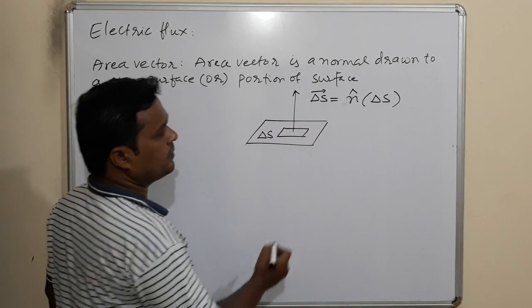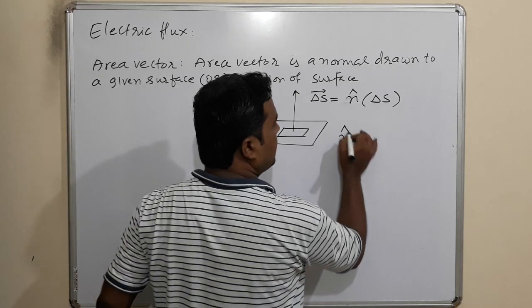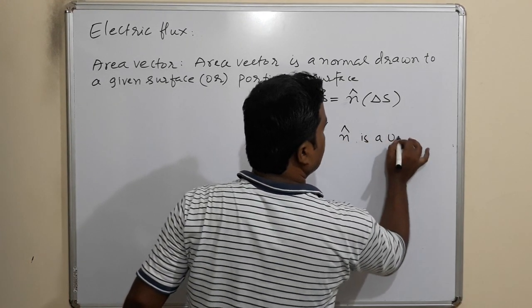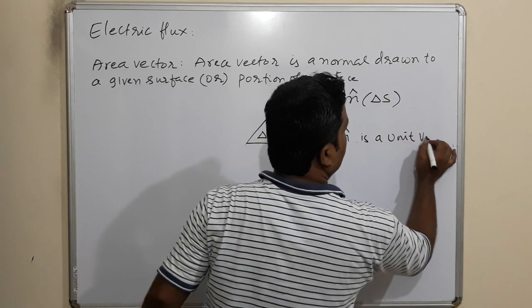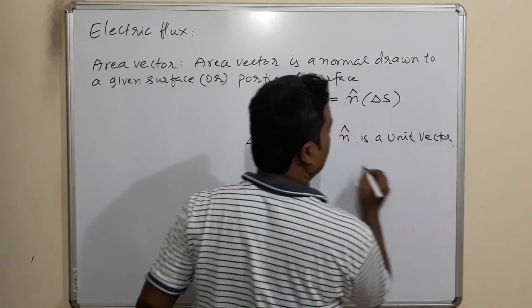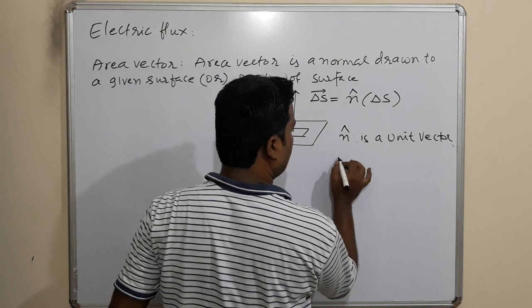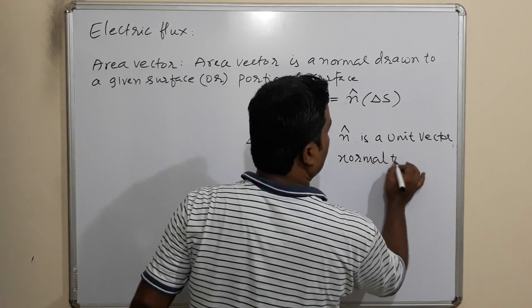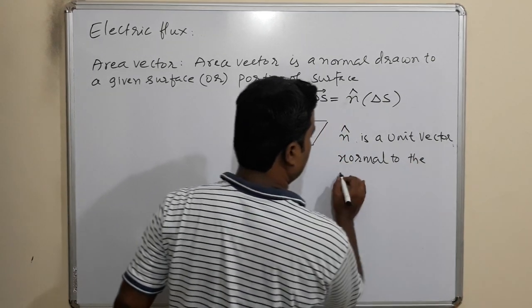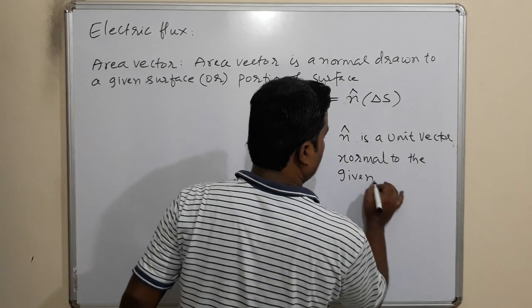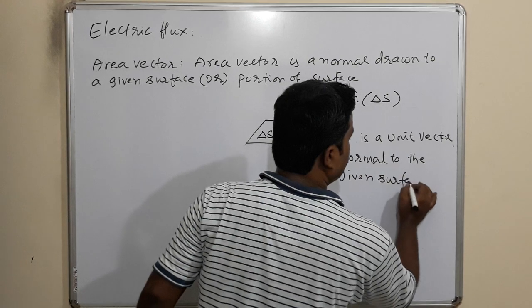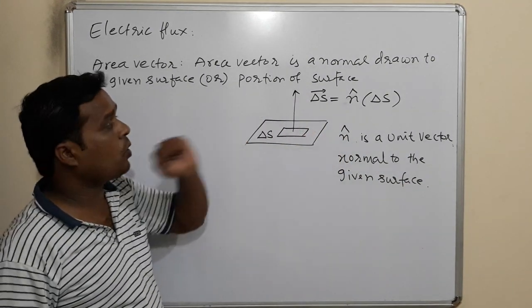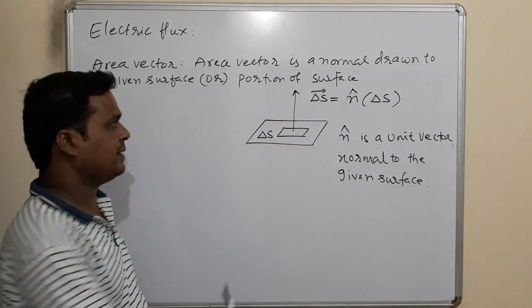What is n cap? N cap is a unit vector normal to the given surface. That means n cap is a unit vector drawn normal to the given surface.